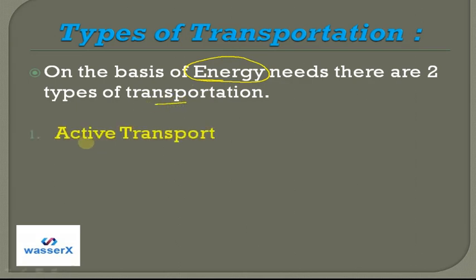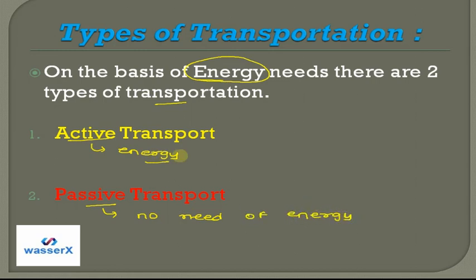First is active transport. Active means energetic, right? So when I say active, that means this transport demands energy. And the second type of transport is passive transport, where there is no need of energy. In active transport, the energy required is used in the form of ATP.